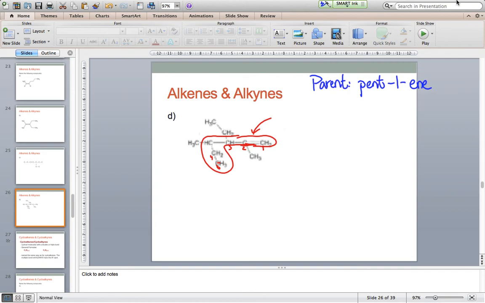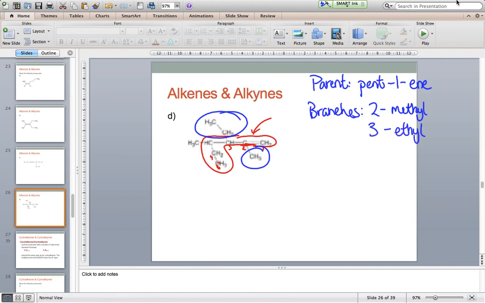Branches are found on the 2nd carbon and the 3rd carbon of the parent chain. On the 2nd carbon, we've got a methyl group. And on the 3rd carbon, ethyl once again.